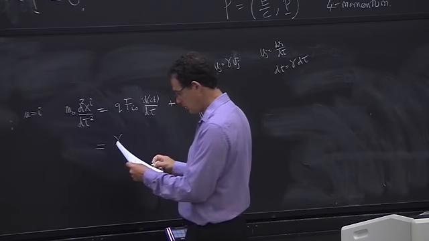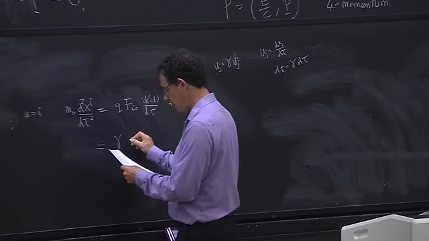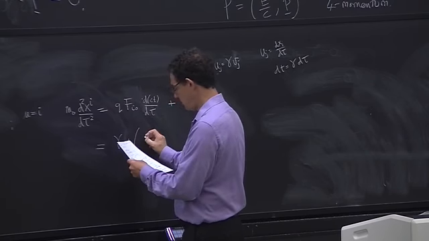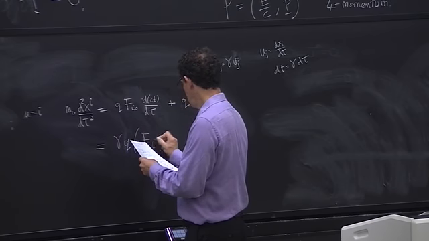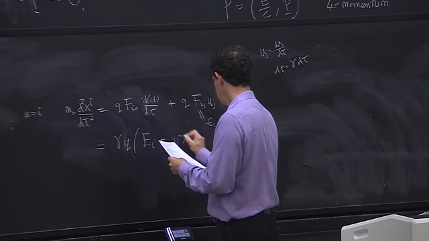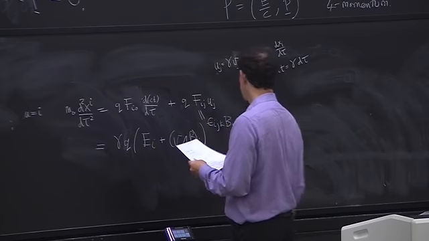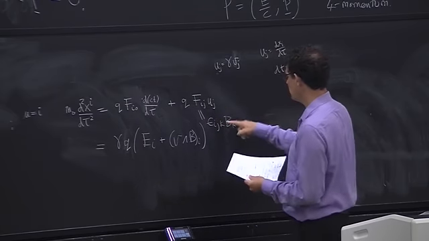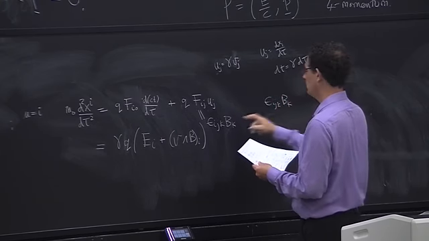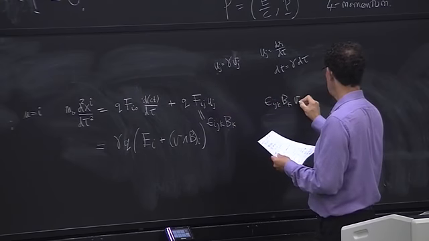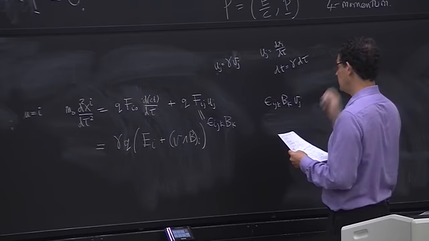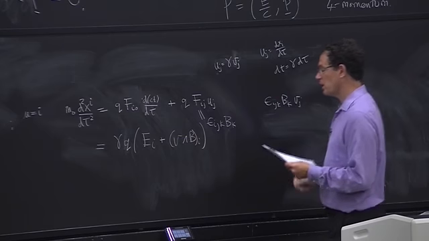So the c's cancel, and we get gamma times q times E_i plus (v cross B)_i. Okay, so let me do that in detail. Epsilon_ijk B_k, this is v_j. I took the gamma out the front. And so this is v cross B.